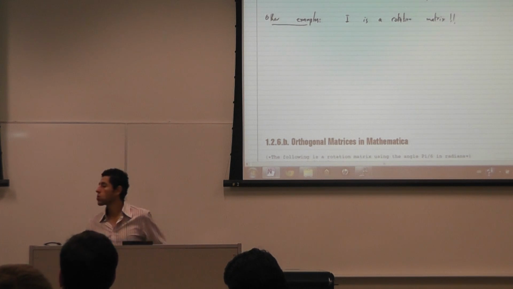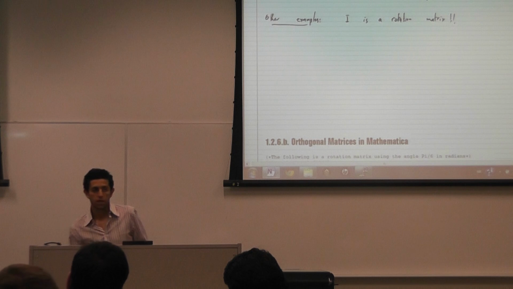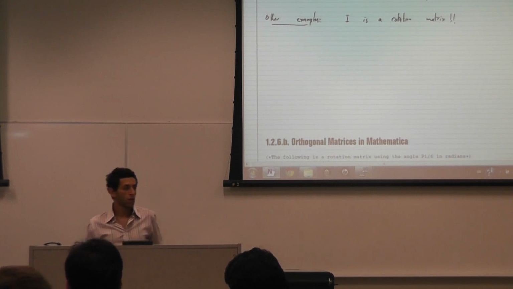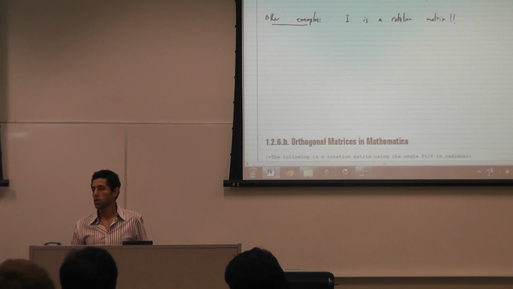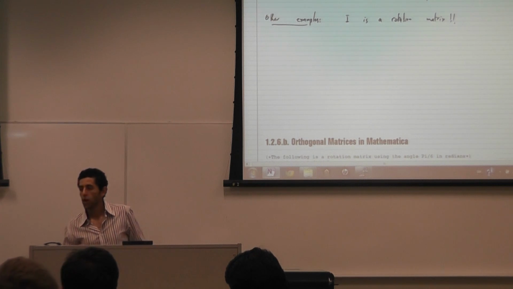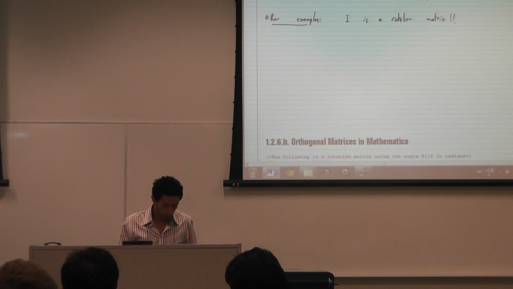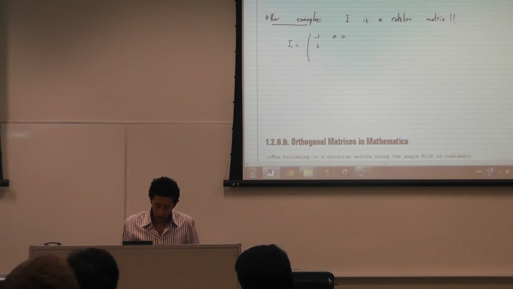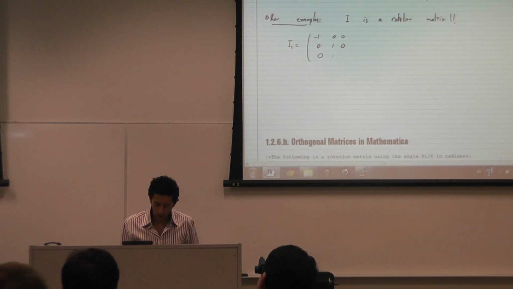It's a rotation matrix with an angle of 0 degrees. Because I is an orthogonal matrix, the three vectors are orthonormal, and the determinant of I is 1. This is a reflection matrix.